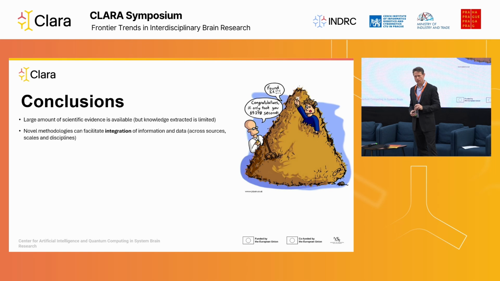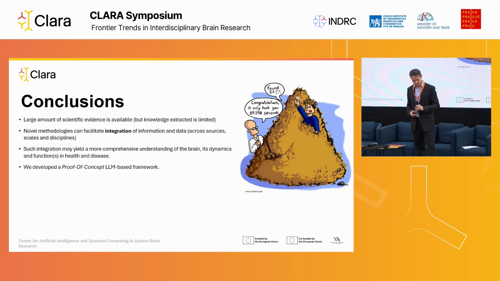We have novel methodologies, new tools that could help us integrate that information and extract knowledge. This could be done across sources, scales, and disciplines. I think it'd be useful to try and do that because it would really yield a more comprehensive understanding of what is happening in the brain.